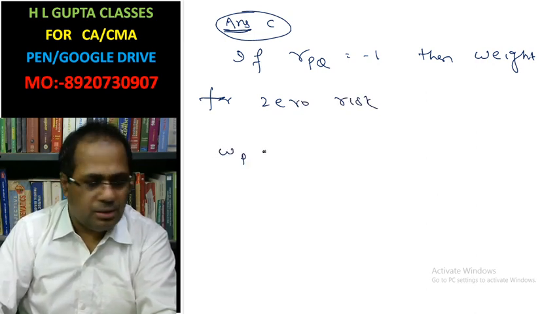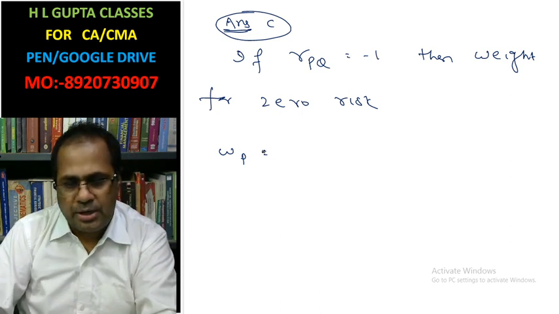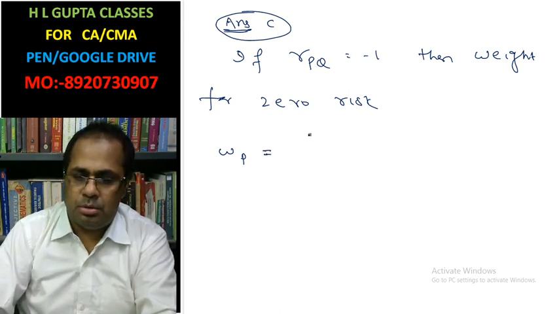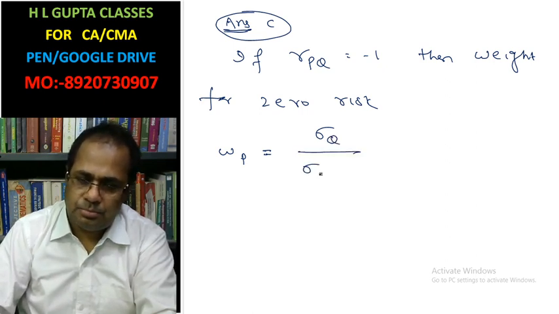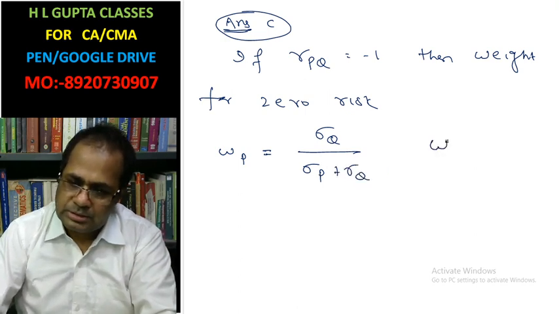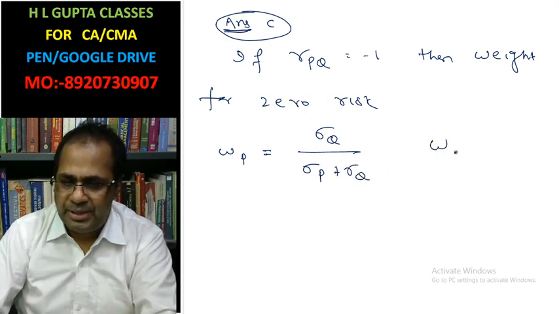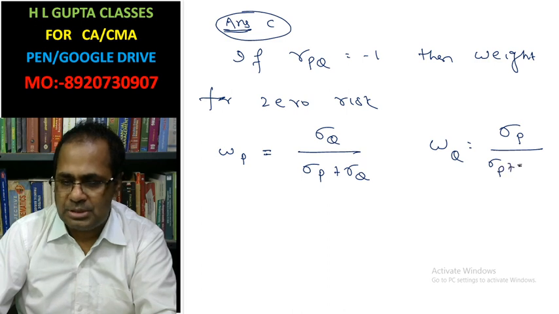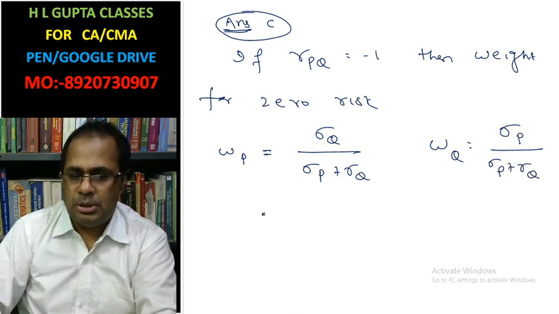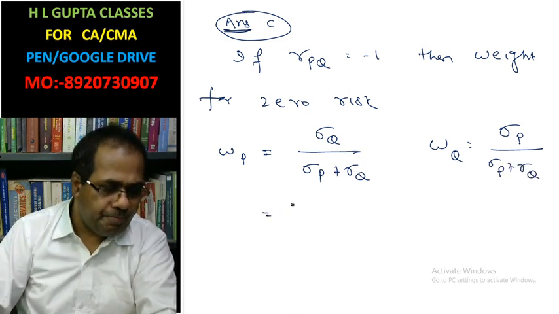Weight of P equals standard deviation of Q divided by standard deviation of P plus standard deviation of Q. Similarly, weight of Q equals standard deviation of P divided by standard deviation of P plus standard deviation of Q. So how will you calculate weight of P?